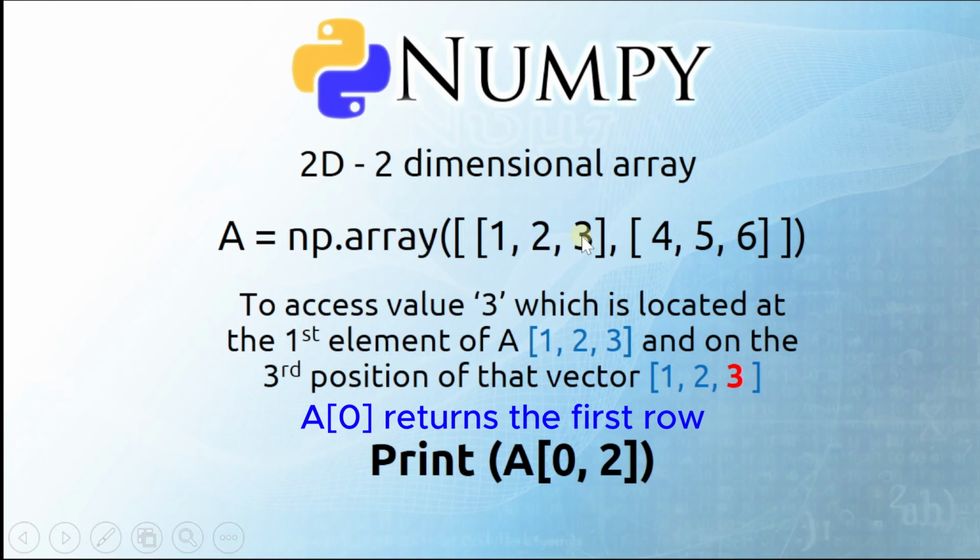If I print A[0], it will give me 1, 2, 3. However, what if I need not the entire row, but only 3? To access value 3, which is located in the first element of A, namely 1, 2, 3, and in the third position of that vector, you print A[0][2]. A[0] alone will give you 1, 2, 3. Then 3 is at which index? You have 0, 1, 2. At index 2, it will give you 3. So print A[0][2] equals 3.